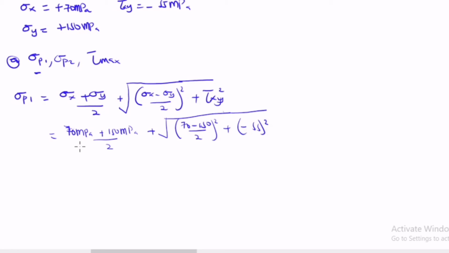So in that case, when you do that correctly, you're going to have our principal stress 1 to be 178.0 megapascal.